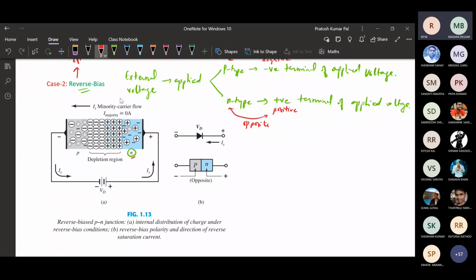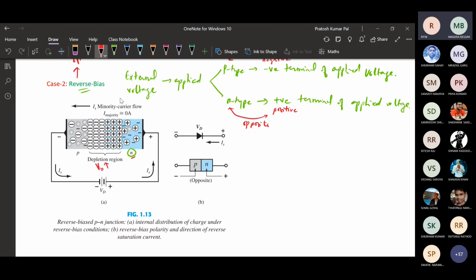As a large number of immobile charge carriers collect near the junction, there will be an increase in the depletion region. So here basically the depletion region is increased, okay. If the depletion region is increased, that means the potential across it, or the barrier potential, will also increase.